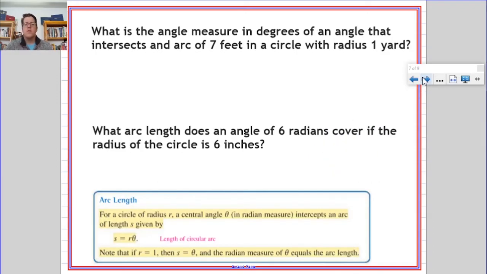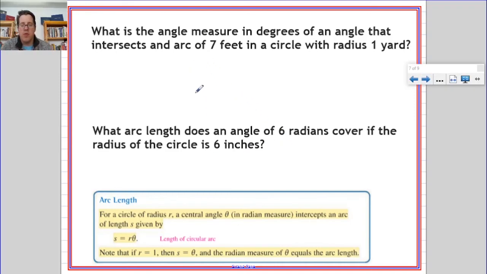Okay, so here's a formula for arc length. I want you to try and think about this using whatever geometry skills you've learned, either in honors geometry or in geometry A, or just when you were in middle school. And I want you to try and figure out what the angle measure is in degrees of an angle that intersects an arc of 7 feet in a circle with radius 1 yard.